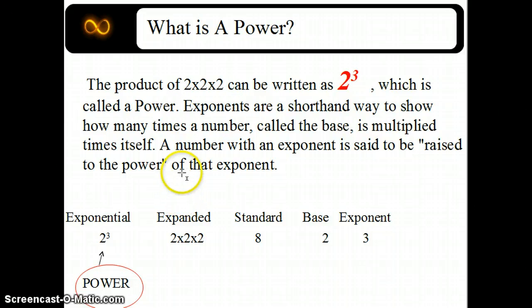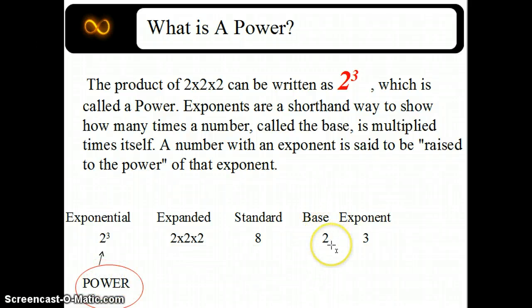There are different forms. We have a standard form of an answer. So a standard form of a number is just the number 8. We could write that in expanded form, which would be 2 times 2 times 2, which equals 8, the standard form. Or we can write it in exponential form, which is 2, which is the base, raised to the power of 3, because you multiply by itself 3 times, and we call this a power.